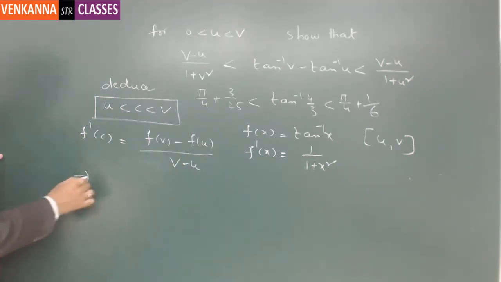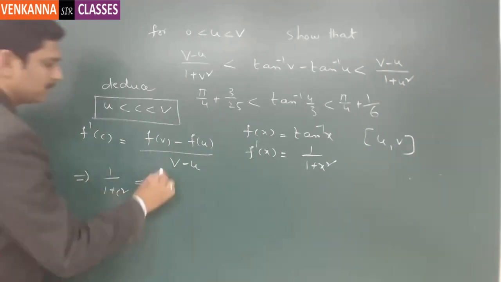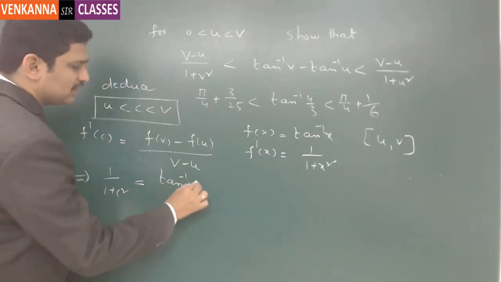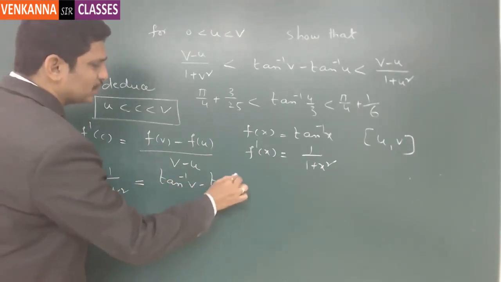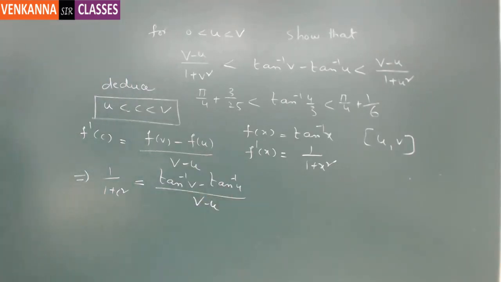So from this we can say 1 by (1 plus c square) is equal to (tan inverse v minus tan inverse u) by (v minus u), substituting the values in it. Now I ask the question, what to do next, because you have studied this part already in calculus. Any guesses from anyone?